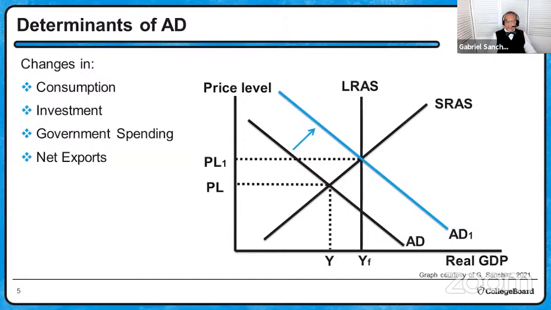As the curve shifts from AD to AD1, the result is an increase in output from Y to YF and an increase in price level from PL to PL1. So when there is a change in any of these determinants, components, or factors of aggregate demand, the demand curve will shift. As the curve shifts, we will then get new equilibriums and have new results of our output, our employment, and our price level.